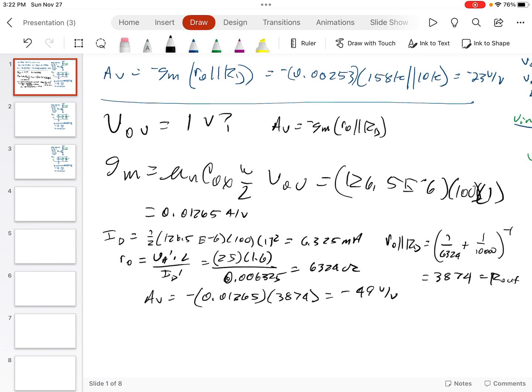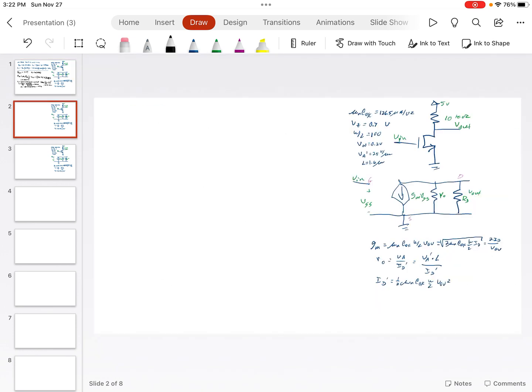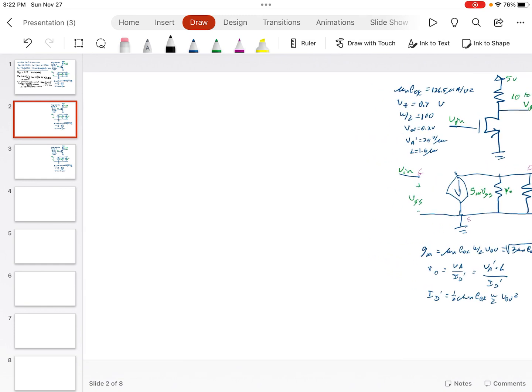So what if we had W over L is 1, instead of 100, but we still have a V overdrive of 0.2 as in the original case. So now we have a transconductance equal to 126.5 e to the minus 6 times 1 times 0.2.